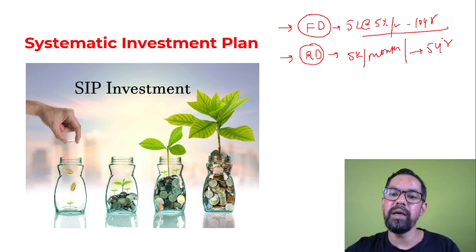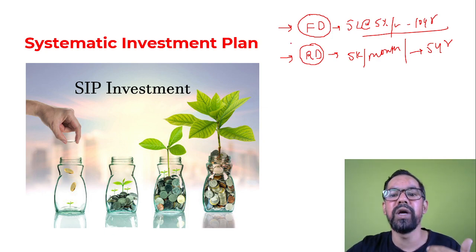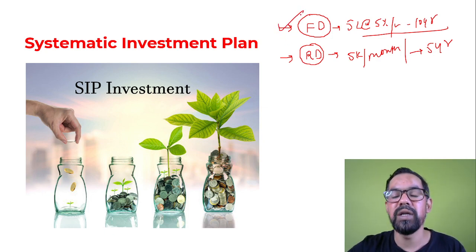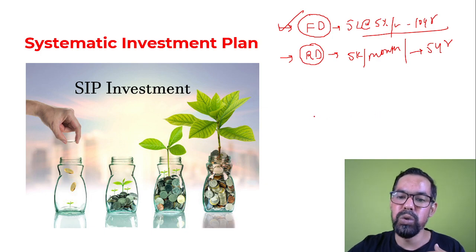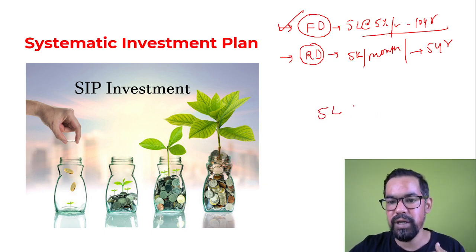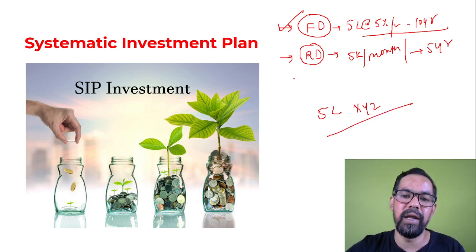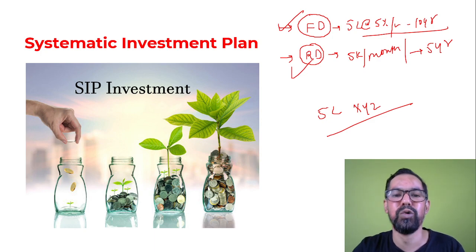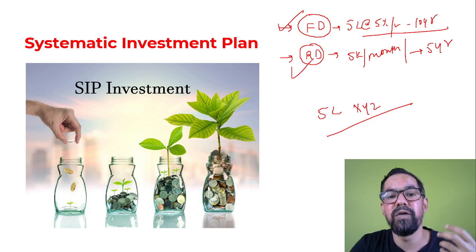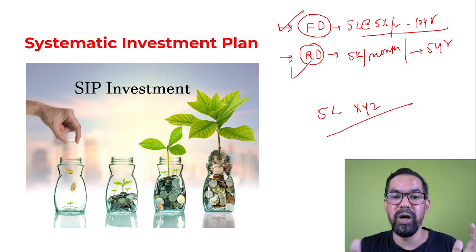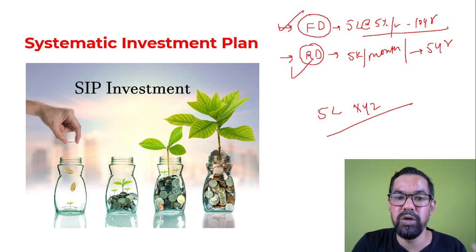Similarly in mutual funds, you can invest one time as well. Let's say you have 5 lakh rupees, so you can invest this 5 lakh rupees in any XYZ mutual fund company. Another thing is, let's say you recently got placed in some company, you want to invest for 5 years, 10 years, but you do not have 5 lakh rupees or 5 crore rupees in your bank account.